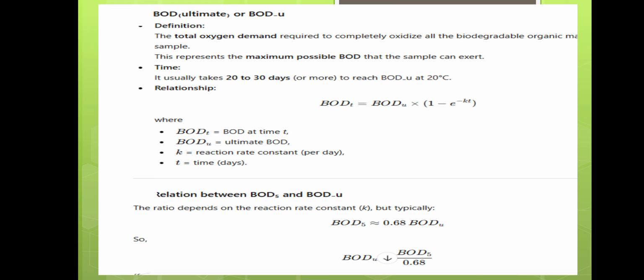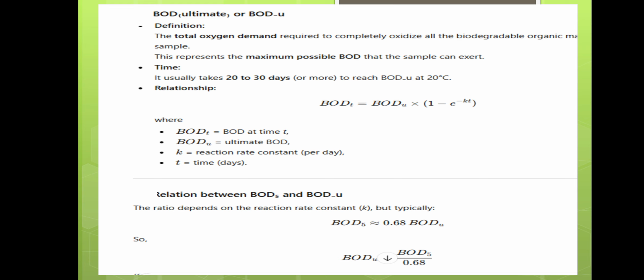So it depicts that in case of BOD10, which can be considered as BOD ultimate, we need to know that in 10 days, the total organic compound of a sewage will get decomposed.